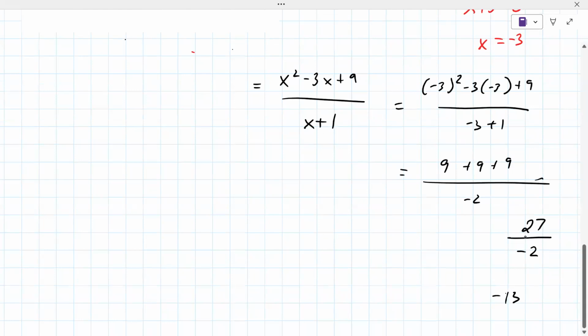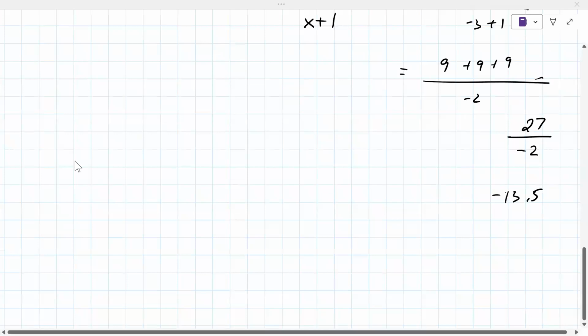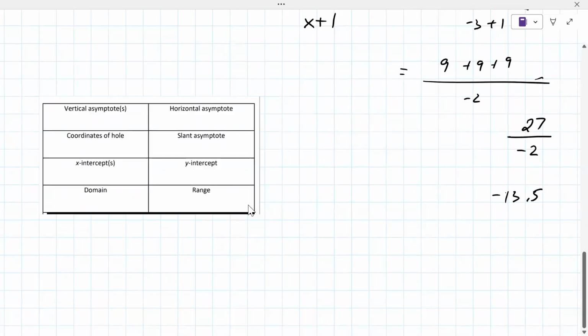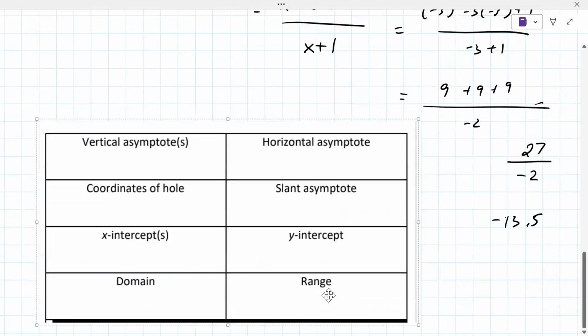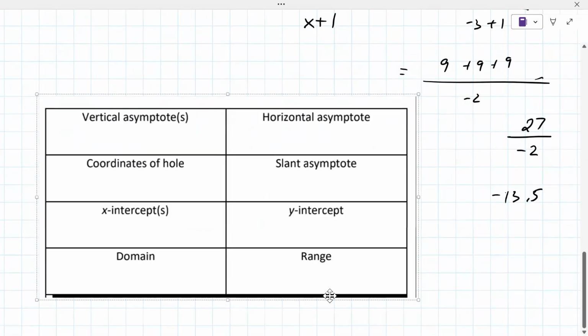So it's negative 13.5, we'll say. Not great, but that's what it is. So when you go down to that table, you can start filling in the hole there. It's at -3, negative 13.5. Good.